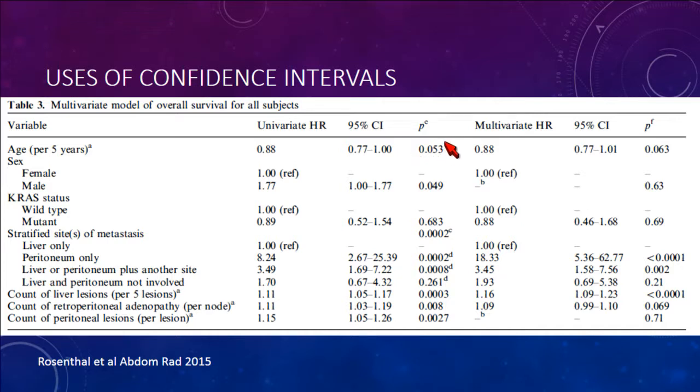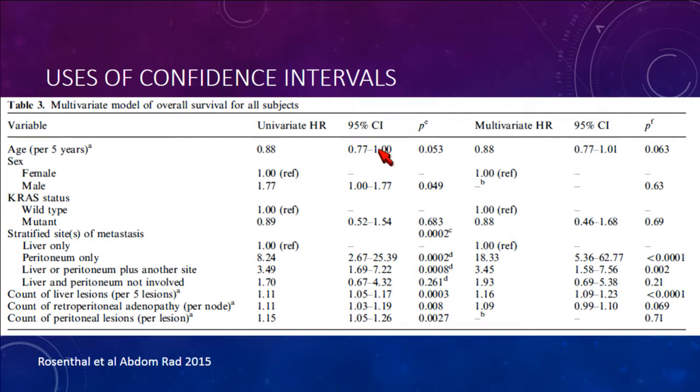Now you notice that the p-value for this age variable is very close to 0.05, and Bill mentioned that 0.05 is an arbitrary and somewhat magical number that we've chosen, but it is the boundary for significance that is typically seen. When you have a p-value that is close to your significance value, you expect the confidence interval to be close to whatever your null hypothesis value would be.